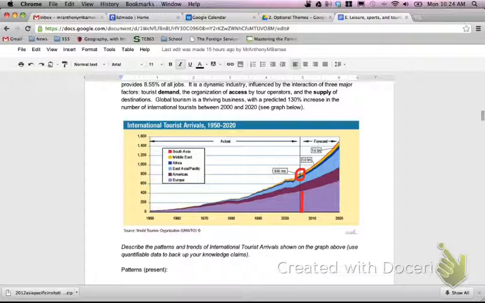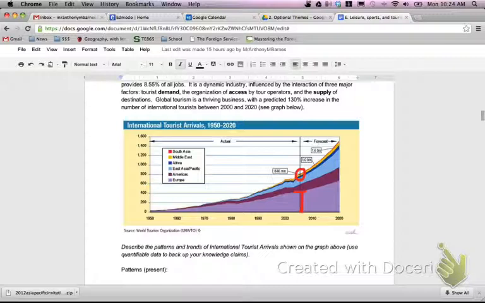So what this shows is, even though Europe is at the bottom, okay, because of the size of the lines shown, that's the actual number.